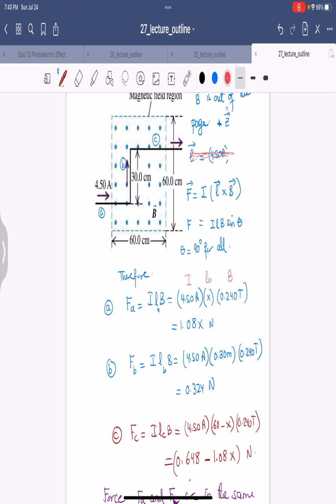Now remember, F_A and F_C are in the same direction, and therefore we can add them simply as we add numbers.